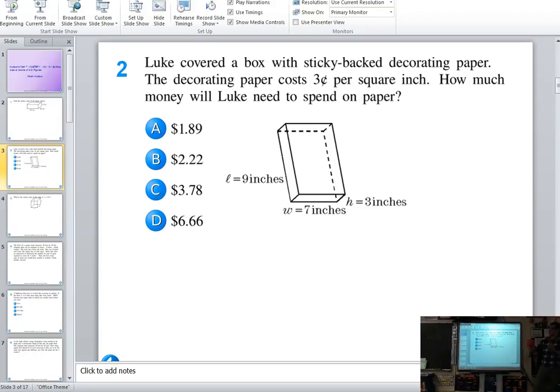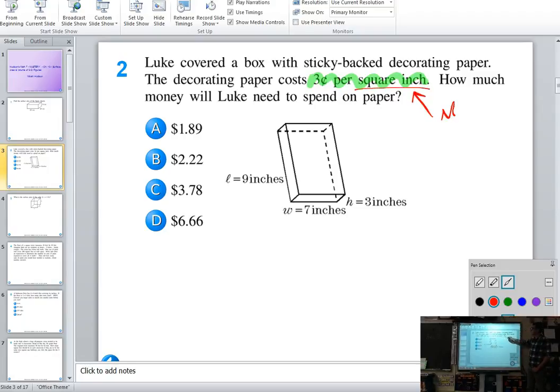So to get to price, we have to first find surface area because we are working under a problem of 3 cents per square inch. I would underline or highlight that because that is very important. And even more importantly, the square inch tells me I need area. Because it's talking about square inch, I must need area.